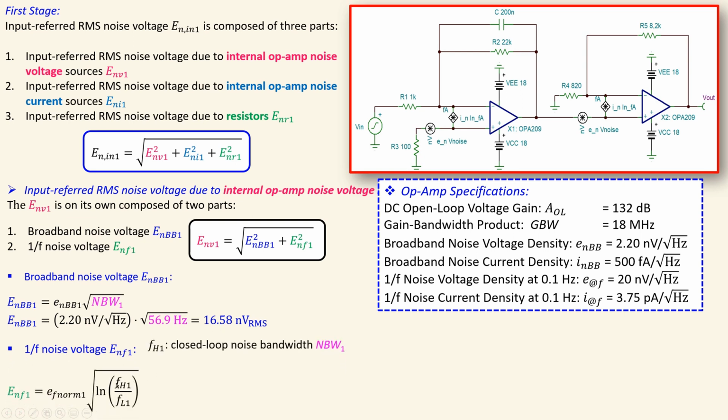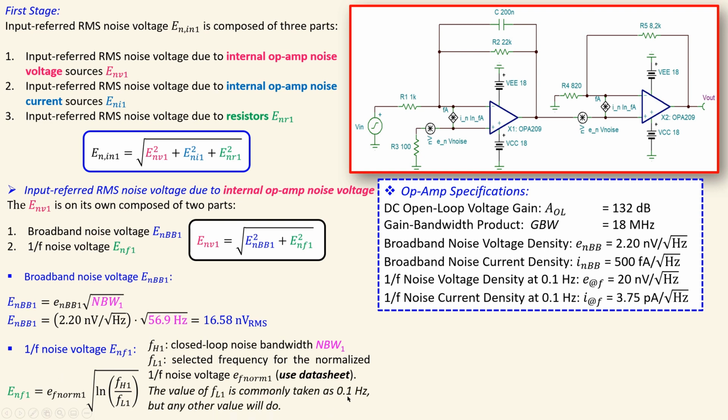Now the 1/f noise part can be calculated using this formula. In this case, F sub H1 is the closed loop noise bandwidth, so again 56.9 hertz. F sub L1 is a selected frequency to calculate the normalized 1/f noise voltage, and it is also used in this formula. In most cases it is taken as 0.1 hertz, which is also shown here in the specifications.